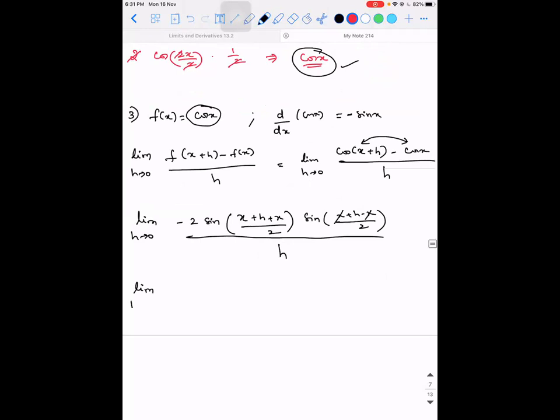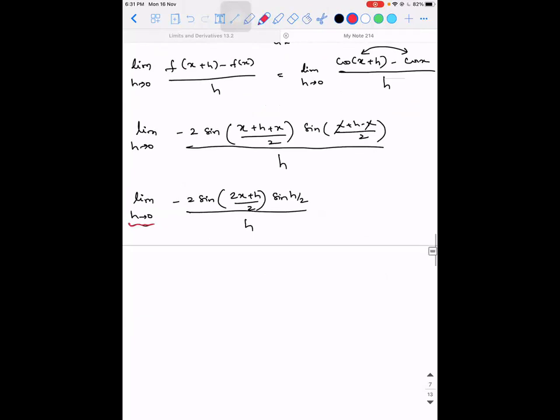Then you will have limit h tends to 0, minus 2 sine of (2x plus h) divided by 2, into sine of h by 2, the whole divided by h. Here, what is the variable? The variable is h.